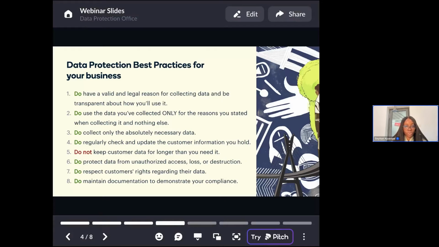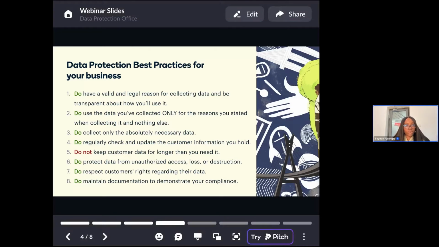That's not good practice, because the longer you keep it, the more you put yourself at risk of a data breach or of not being compliant with regulations. Because according to the law, you are not supposed to just hold on to customer data indefinitely. Once you no longer have a reason for holding on to it, you should find a way to safely dispose of it.